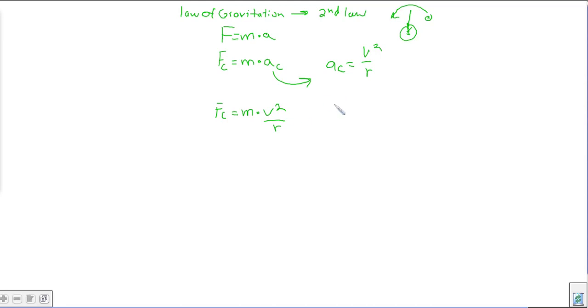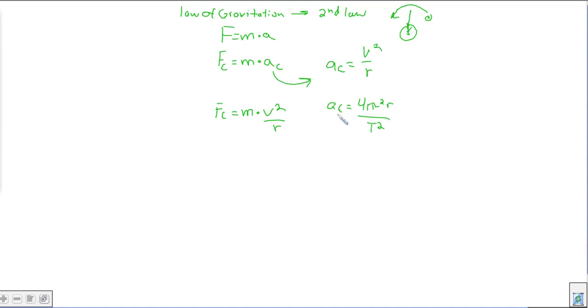We also know that, because it's circular motion, as we talked about in previous chapters, if you look at the time going around this circle, the centripetal acceleration equals 4 pi squared r divided by the period, the time it takes to go all the way around, squared.